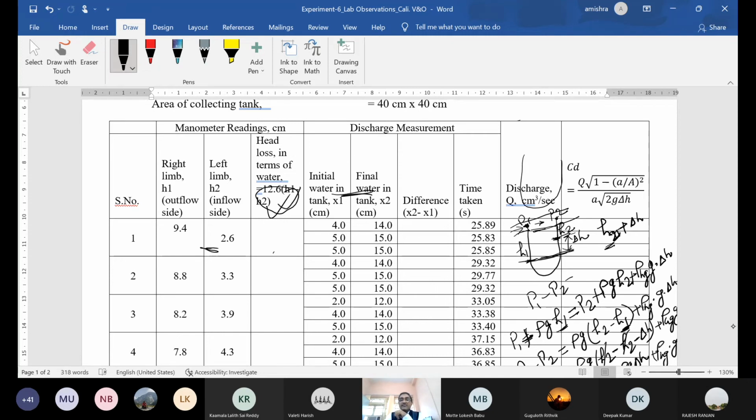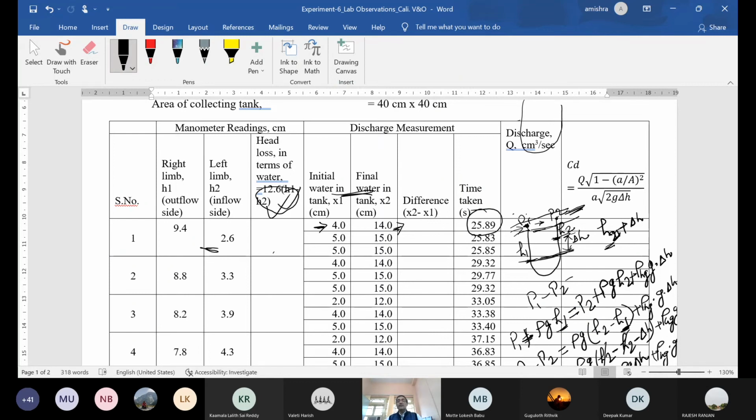And you know the discharge condition, that is from taken initial to final head in this graduated tank, volume collection or flow collection. We can find out what is the discharge if we have observed the time. So if you know the discharge, you know the delta H head, we can find out the value of CD.